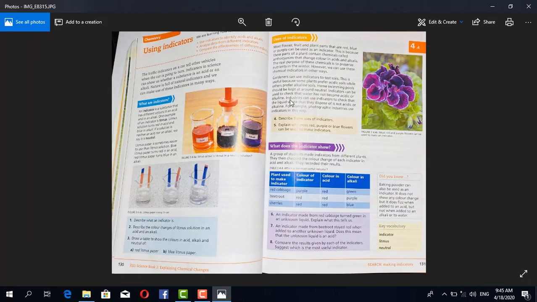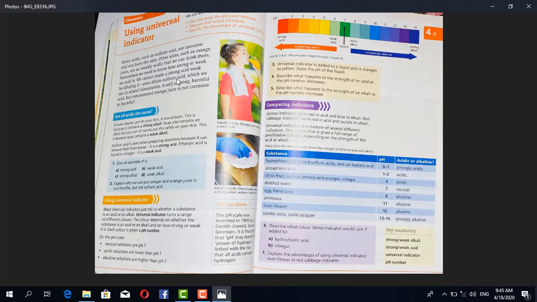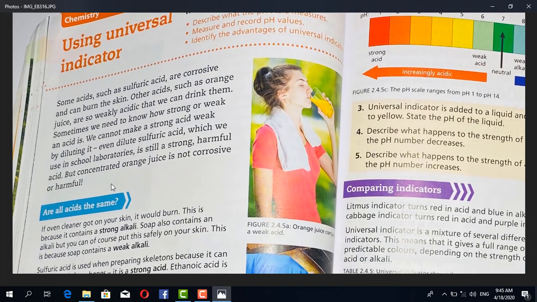Now we come to the universal indicator. We use it to detect how strong the acid or alkali is on the pH scale. For example, if I've got an acid, I just want to know: is it a strong acid or a weak acid?